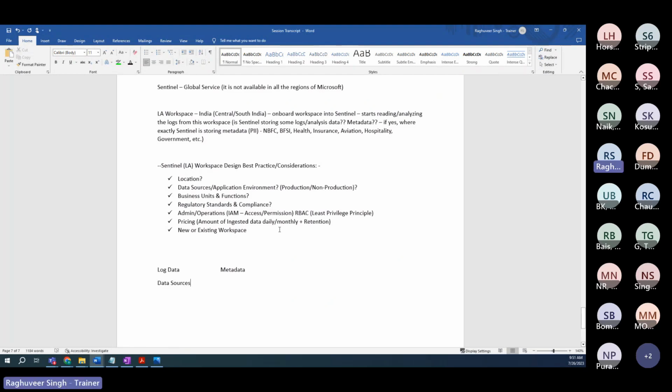Your virtual machines, your networking devices, your endpoints, all those are data sources. And metadata, what is metadata? Analyzed data. That's what metadata is. Now you already know that metadata can either be kept in East US or Europe.